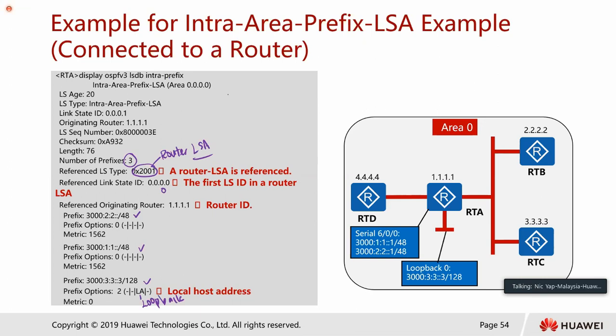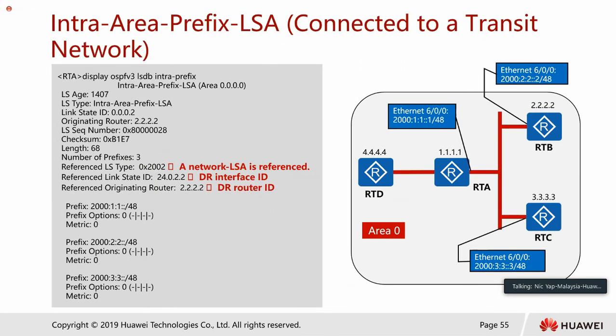They still have more, they are going to show you multiple LSAs. This is one of the LSAs coming from device 1.1.1.1. Secondly, they have another intra-prefix LSA whose originating router ID is 2.2.2.2. That references the network LSA, which means it is a transit. This is the DR interface ID, and this is the DR router ID, 2.2.2.2.